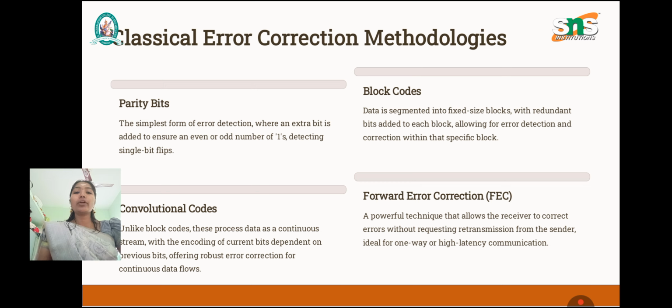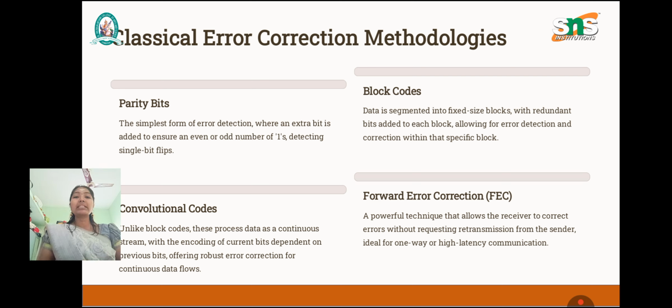Next we are going to see the classical error correction methodologies: parity bits, convolutional codes, forward error correction, and block codes. Forward error correction adds redundancy for the receiver, and it is a very powerful technique that corrects the errors automatically.